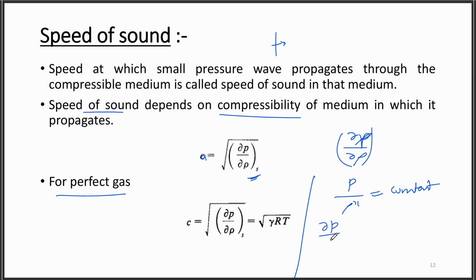So dou p upon dou rho times rho to the power gamma minus gamma p rho to the power gamma minus 1, sorry, gamma plus 1, equal to 0.